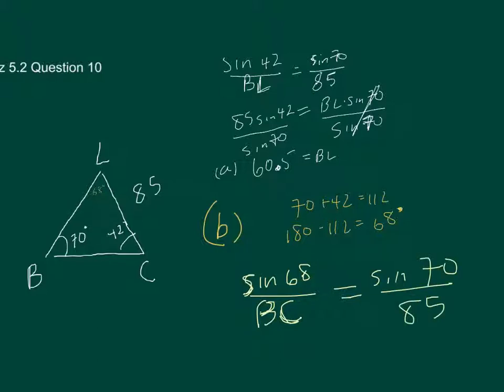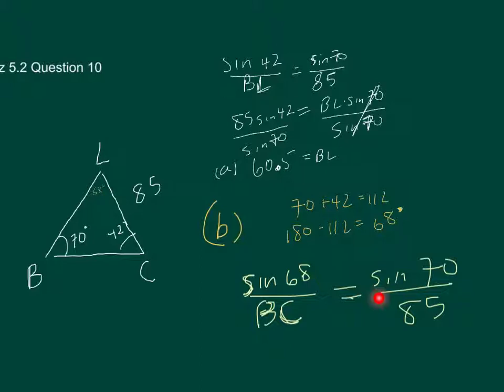I could have chosen to do sine of 42 over this side, BL, which I found is 60.5, but I don't trust my work. I'm worried that answer is incorrect, and I don't want it to mess with my answer for this next part. So that's why I did that.